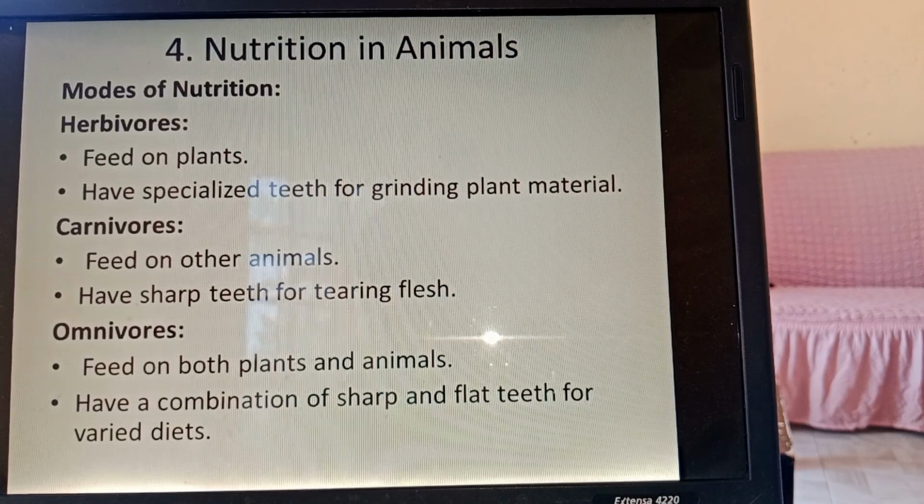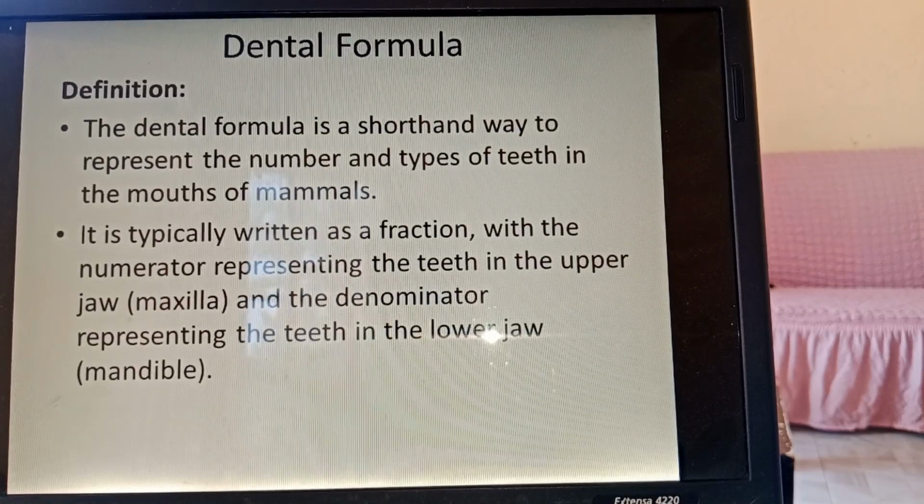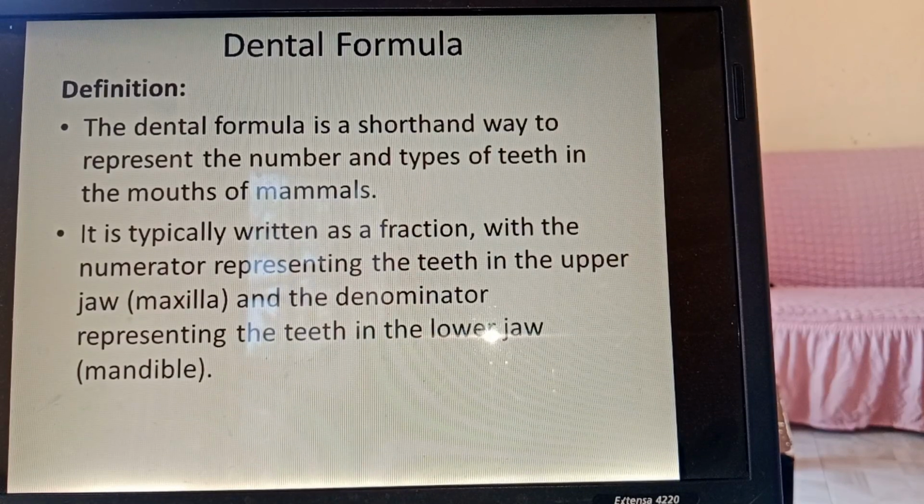Okay? We have talked of teeth there for the various types of animals, that is herbivores, carnivores, and omnivores. So let's look at the dental formula. Definition.